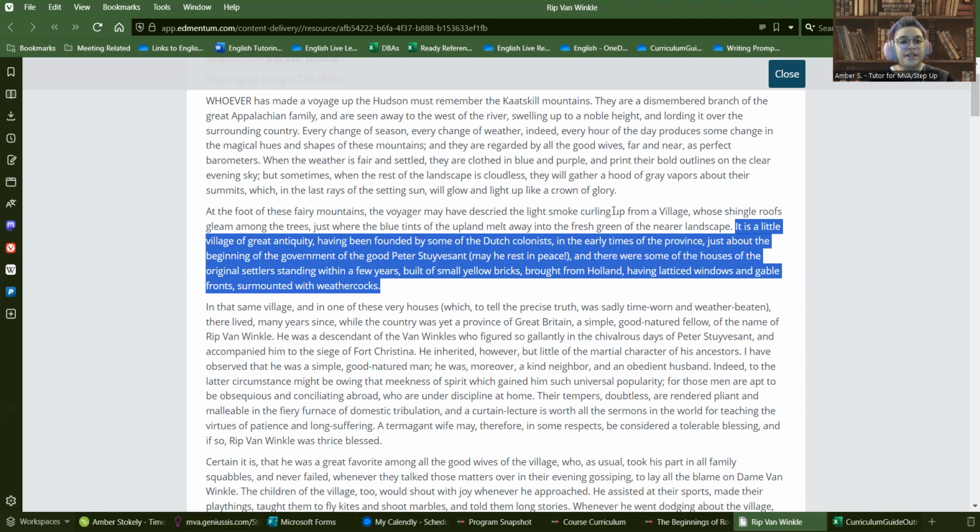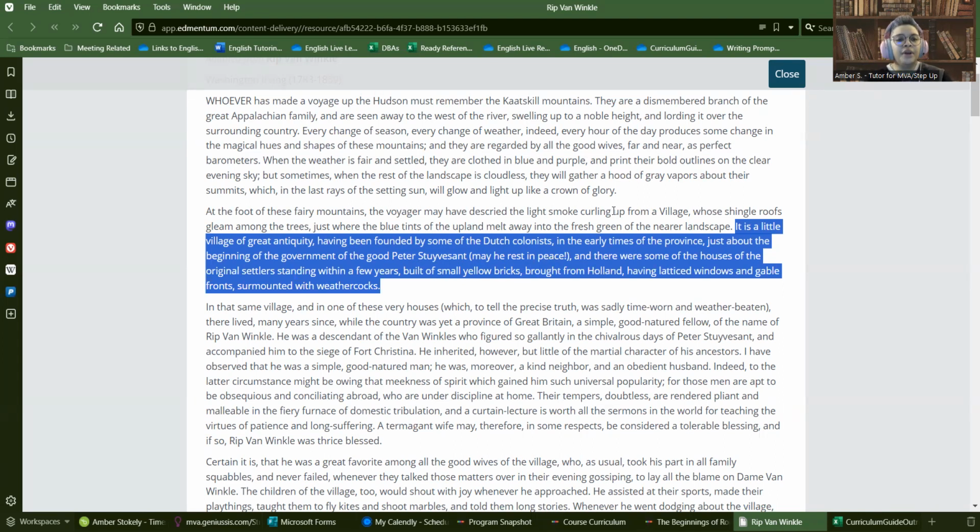So there's a lot of information here. They basically describe the general look of the village. They tell you what time it comes from, the time of Dutch colonists. They tell you about this man named Peter Stuyvesant, which is the beginning of the government in this area. He was a part of that.